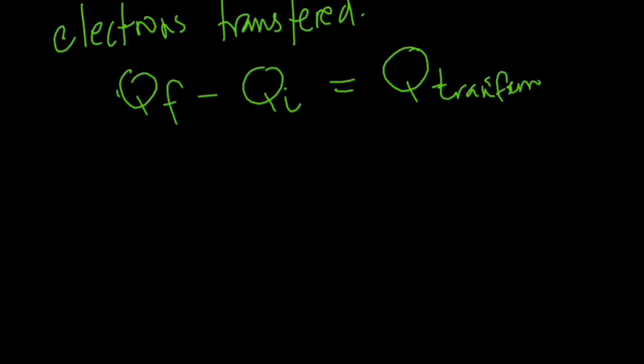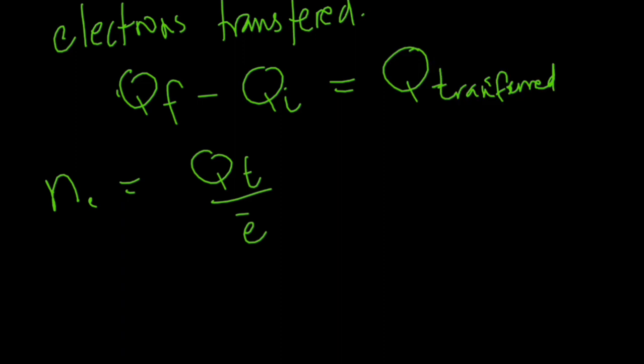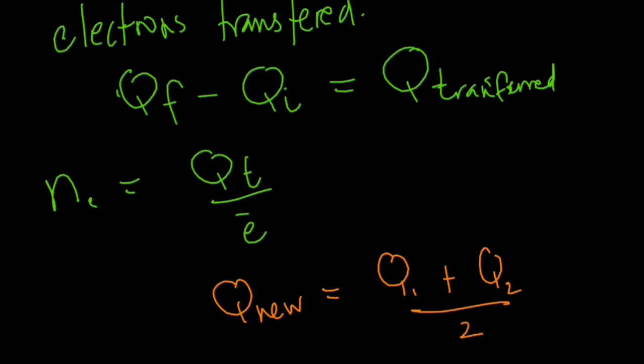Once you know the charge transferred, you can get the electrons transferred by dividing the charge transferred over the electronic charge. And remember, during transfer of charge, the charge is going to be shared equally between the two spheres. If there are three of them, it will be shared equally between the three, and you're going to need to use this formula that says Q new is equal to Q1 plus Q2 over 2.